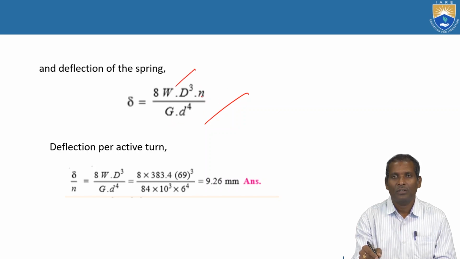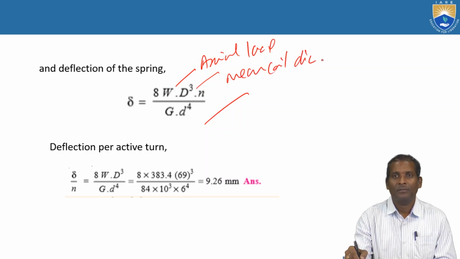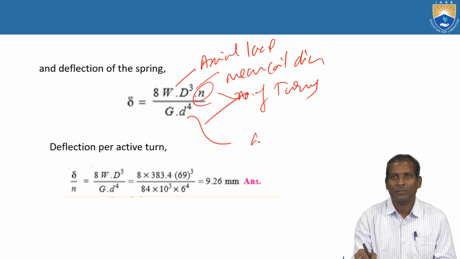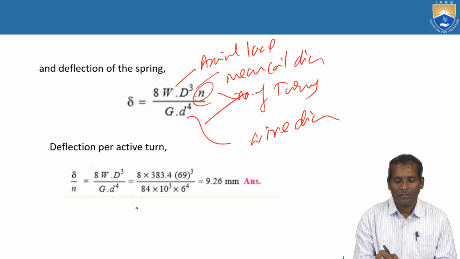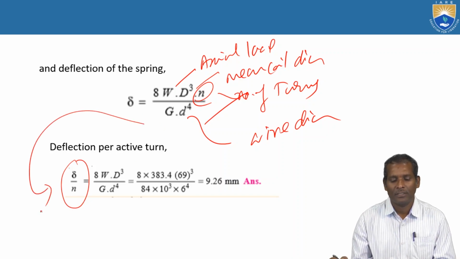Here W is the axial load, D is the mean coil diameter, N is the number of turns, and small d is the wire diameter. So by using this formula, delta by N is equal to 8W D cube by G d to the fourth.